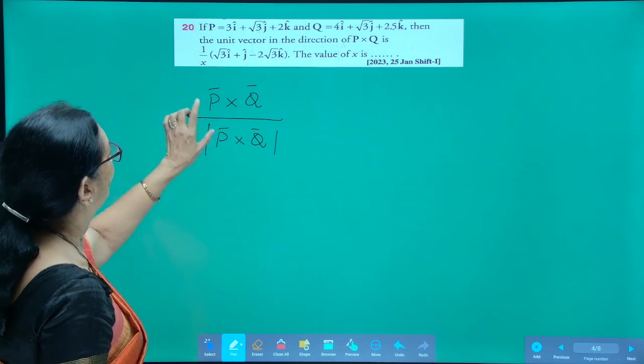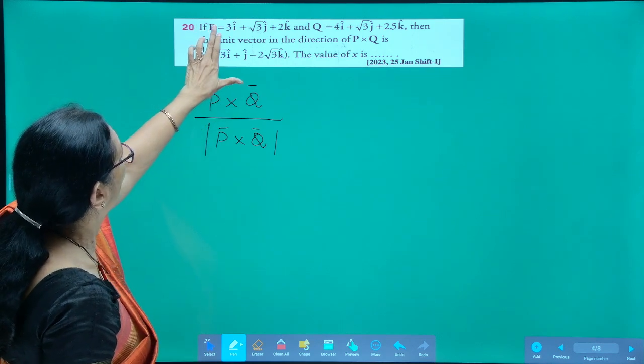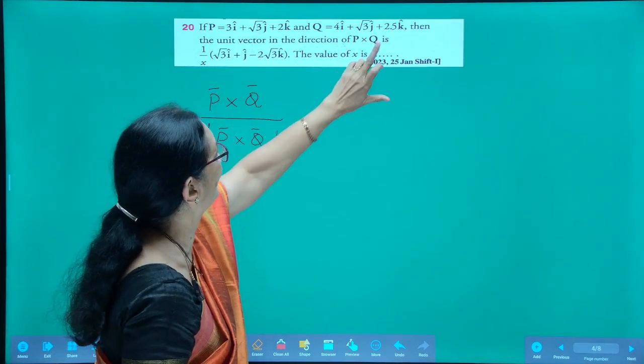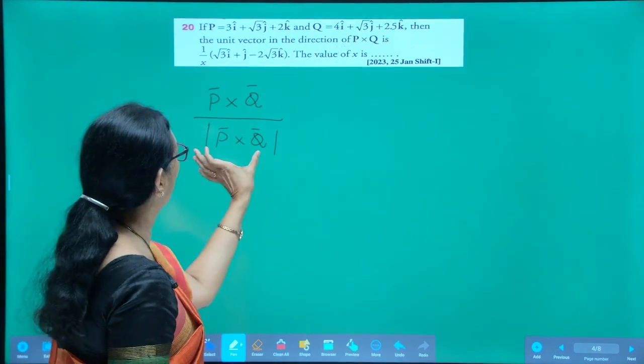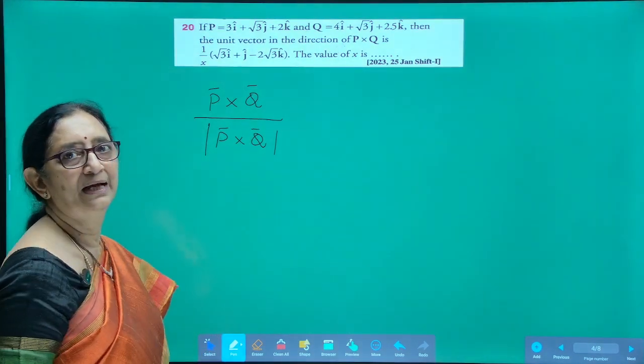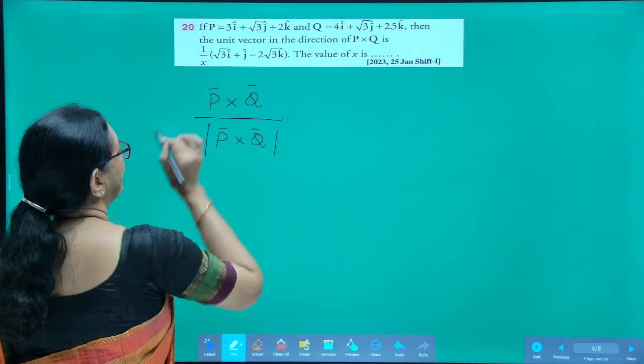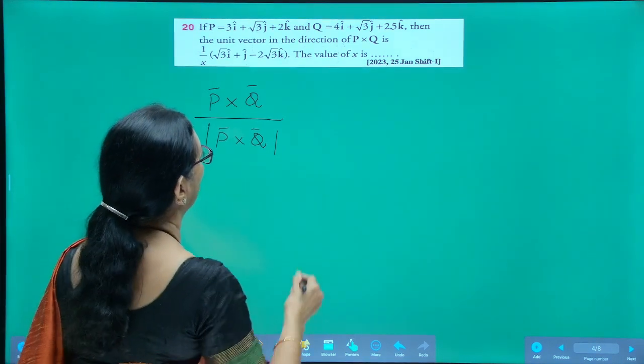That is a vector, the unit vector in the direction of P cross Q. So, here the challenge is we need to find out the cross product.